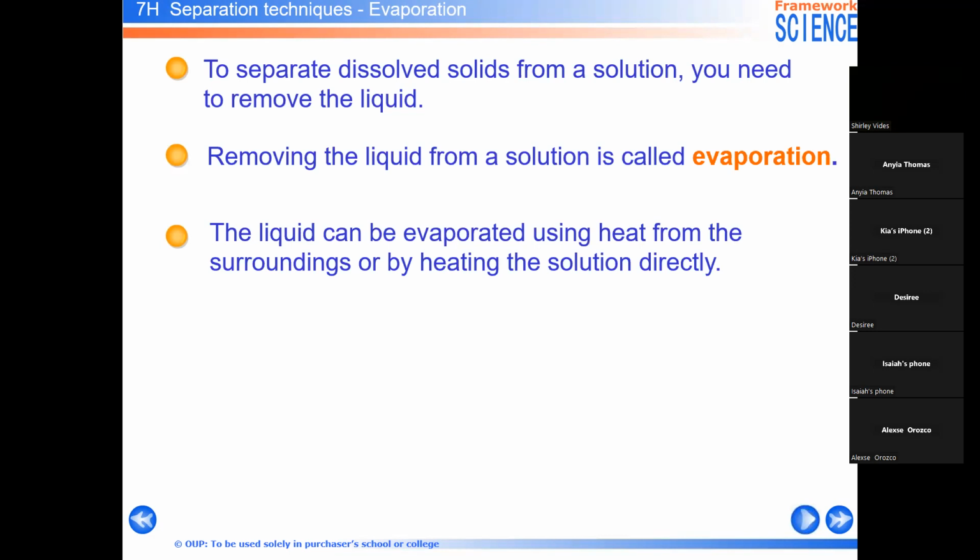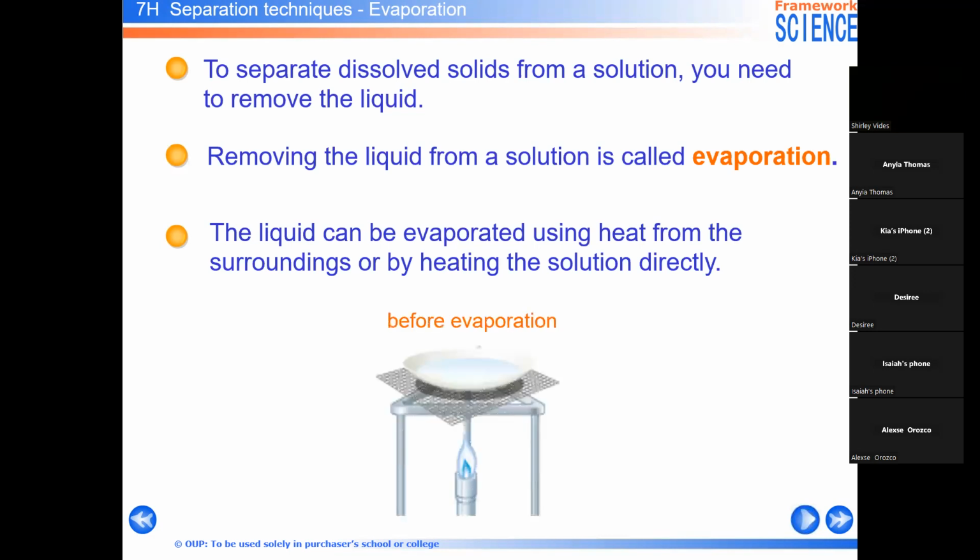Remember we said that the heat comes from the surroundings when you're doing this. If you're heating something, you are transferring heat from something that's already hot into something that's not, so it absorbs it. This is before you evaporated it, and this is after. It's not this neat, but yes, it's similar.